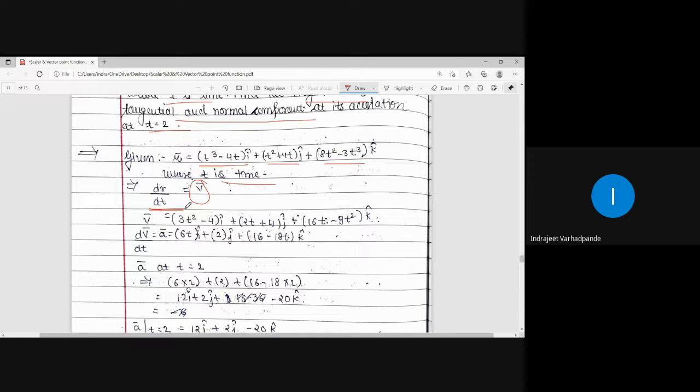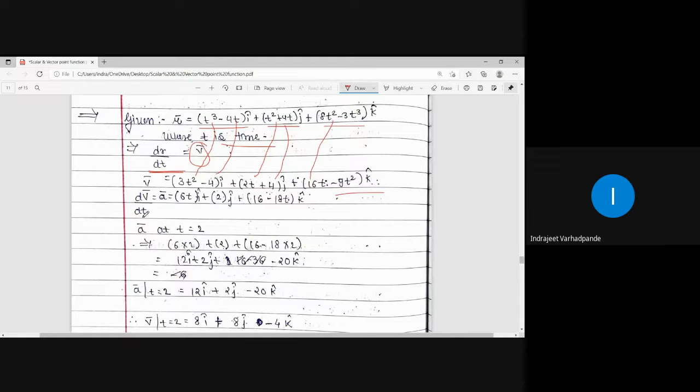So differentiating, the derivative of t cube is 3t square minus 4 i, plus (2t plus 4) j, plus (16t minus 9t square) k. So what is dv by dt? dv by dt is nothing but a bar, which is acceleration. Again differentiating this, you get 6t i plus 2j plus (16 minus 18t) k.